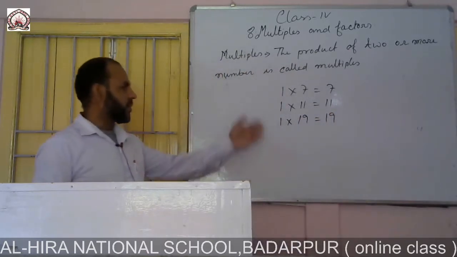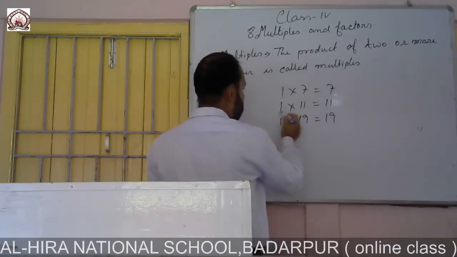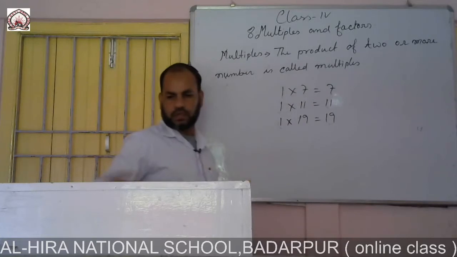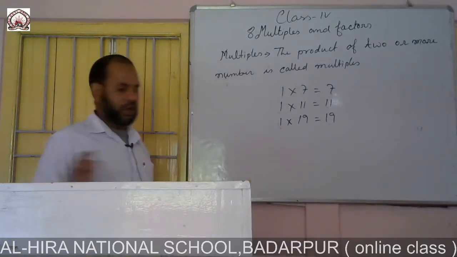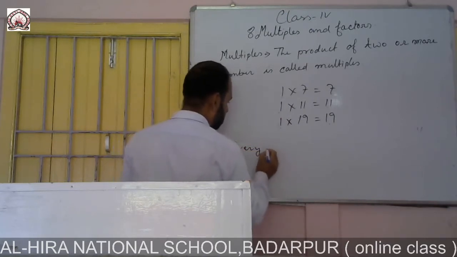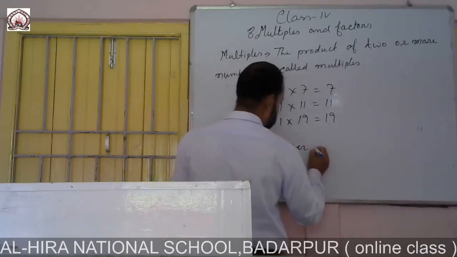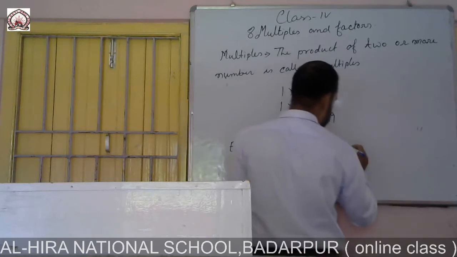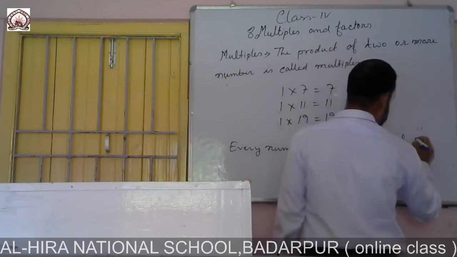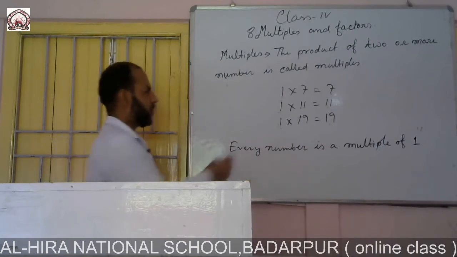So from the above example we found 7 is a multiple of 1, 11 is a multiple of 1, 19 is a multiple of 1 also. So we found every number is a multiple of 1.